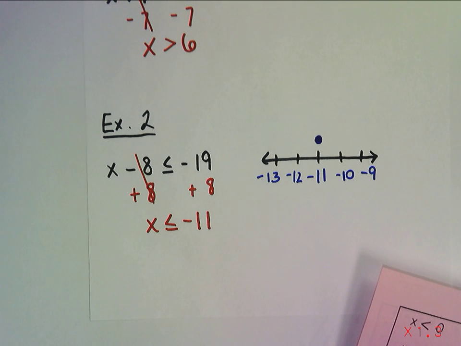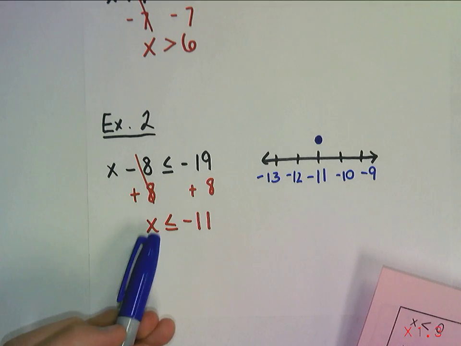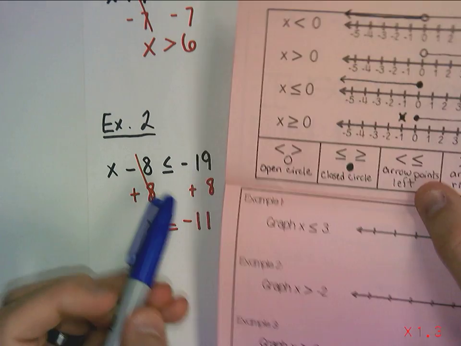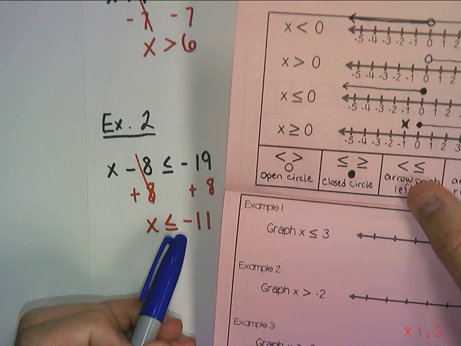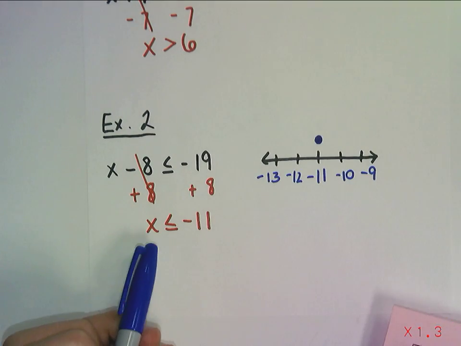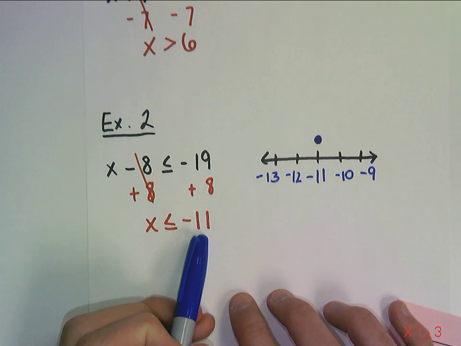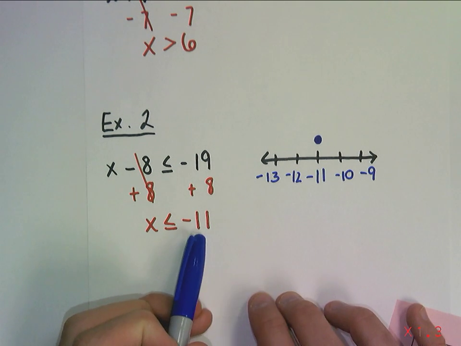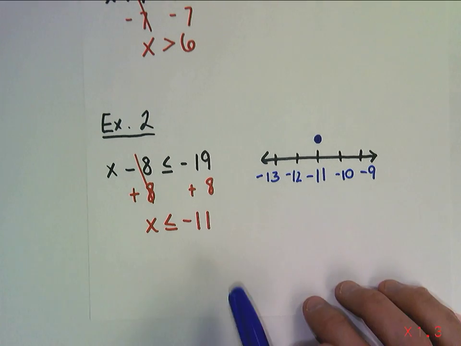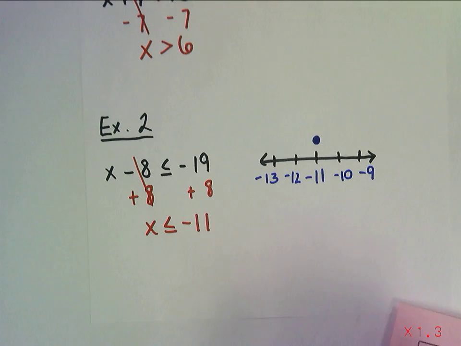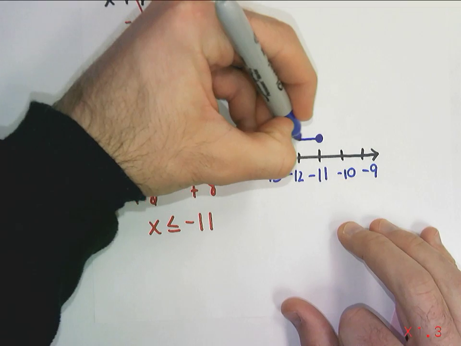So we have to think, well, which way would this go? Well, we can use the trick of looking at the arrow, and that tells us that it should point left. But if we really think about this, x is less than or equal to negative 11. It's anything that's smaller. And keep in mind with negative numbers, smaller means you're working to the left, not to the right. Those are bigger numbers. So we'd have an arrow this way.